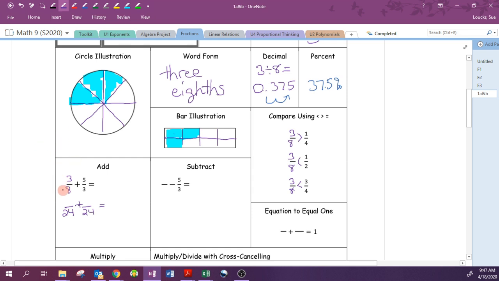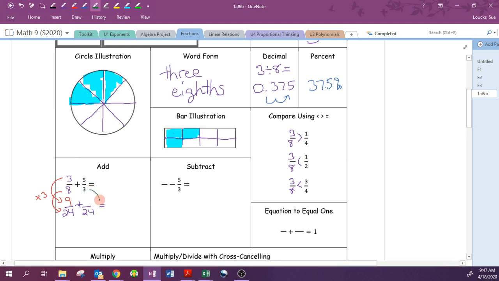I just have to ask, what did I do to the 8 to get to 24? To get from 8 to 24, I go times 3, which means I have to do the same thing with the 3, and 3 times 3 is 9. So 3/8 is equivalent to 9/24. They're the same thing. Then I do the same thing over here.